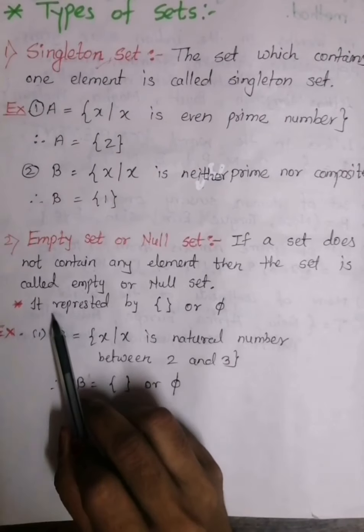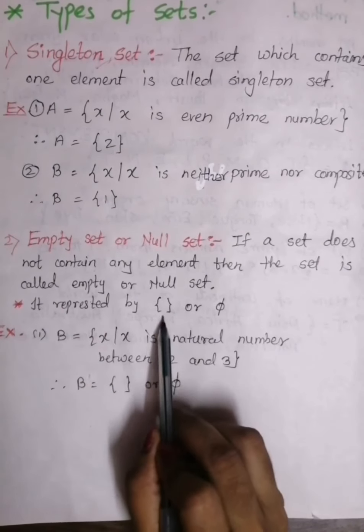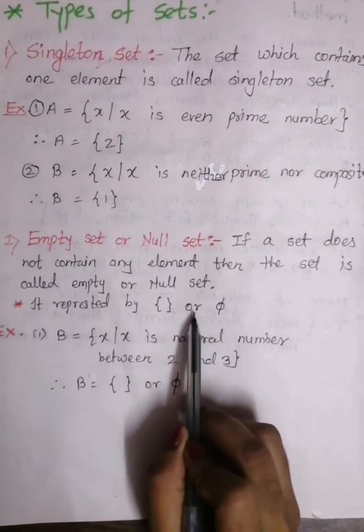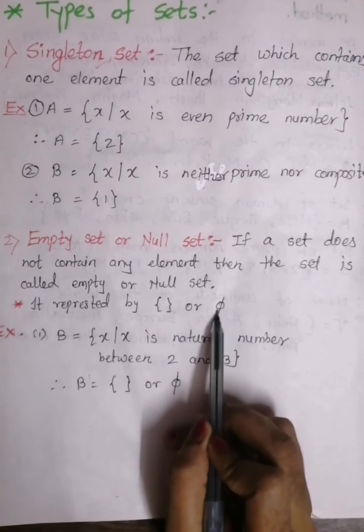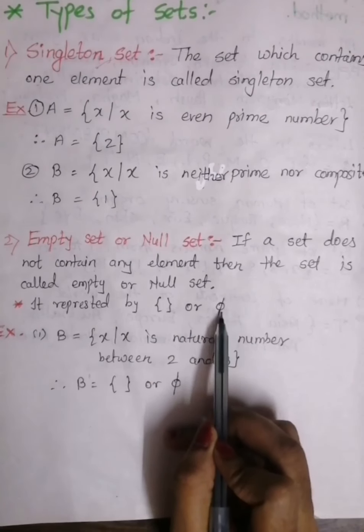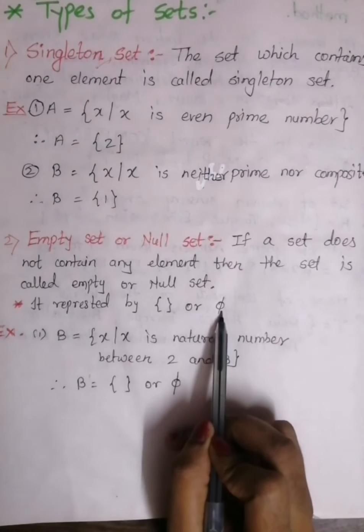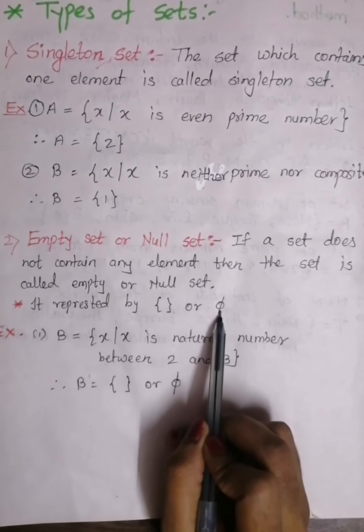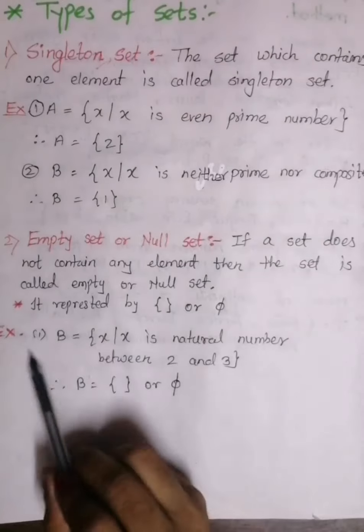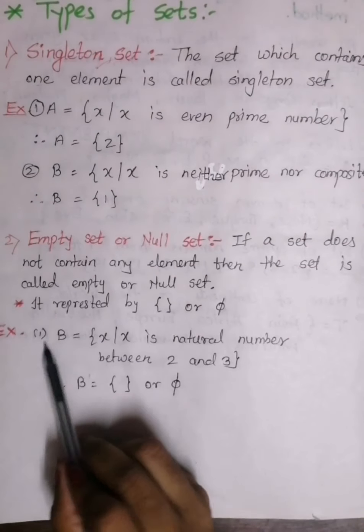So always remember that it is represented by this symbol, which is called phi. This is the symbol of a null set or empty set. Clear?